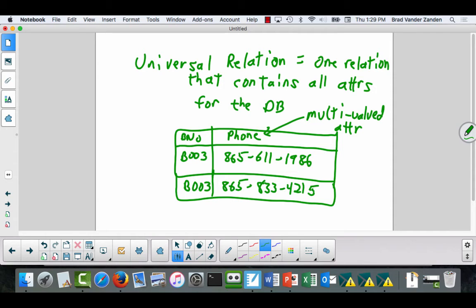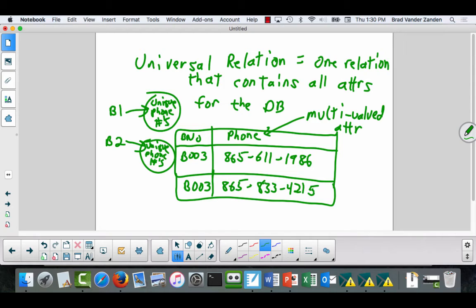While a branch may not uniquely identify a phone number, it may uniquely identify a set of phone numbers, meaning that if we have two branches, B1 and B2, each of them defines a set of unique or non-overlapping phone numbers. So these phone numbers are different from these phone numbers. There's no overlap. The intersection for all sets is empty. Okay, so that's the definition of a multivalued attribute. It is uniquely determining the set of phone numbers for that branch. It's just that there's more than one value for that attribute.